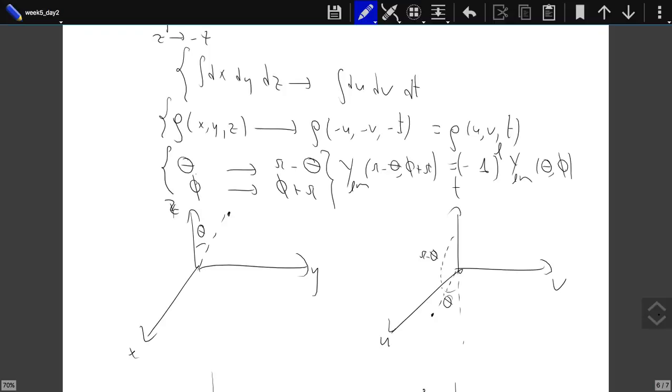No. I mean, you were talking about the work that needs to be done to bring them to their final configuration. That's not self-energy. Actually, I read the definition from Wikipedia. As I remember, energy is bringing from infinity to the configuration.